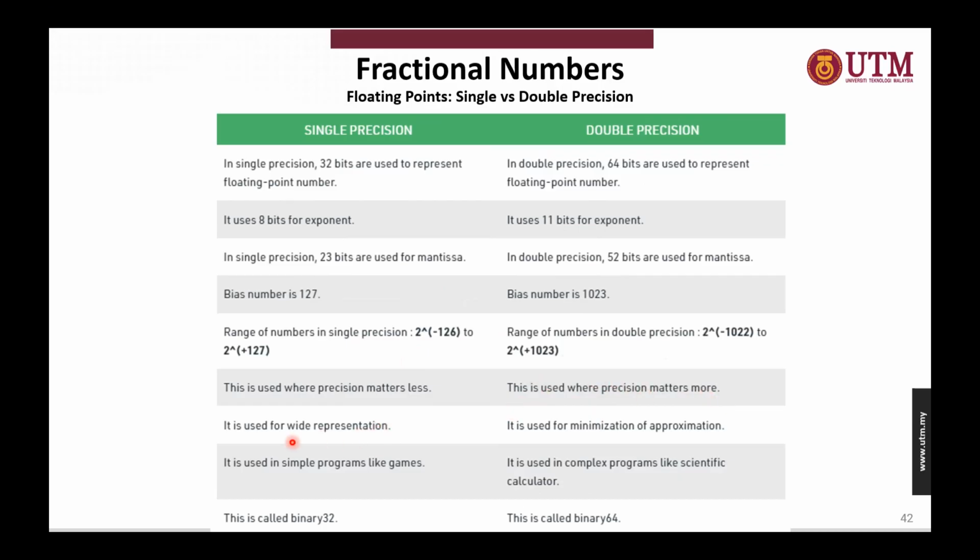Single precision is used for wide representation, and double precision is used for minimization of approximation. In terms of applications, single precision is used in simple programs like games, while double precision is used in complex programs like a scientific calculator, because in a scientific calculator the precision matters. That is for the single and double precision.